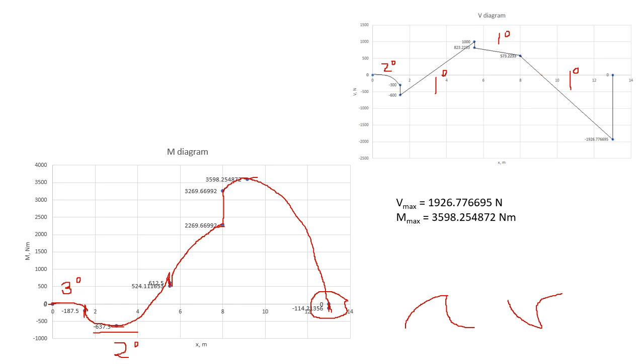That goes as well for C to D. It's a second degree curve as well. And for D to E, it's also a second degree curve. You can check with your equation. That's how to do the method of sections for solving the shear and bending moment diagram of a beam. Thank you.